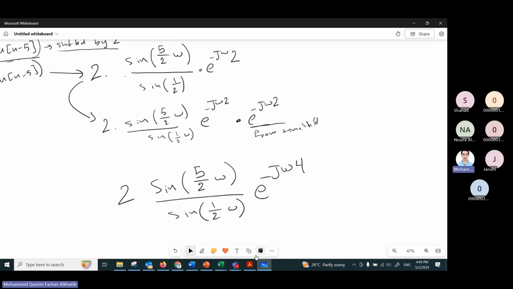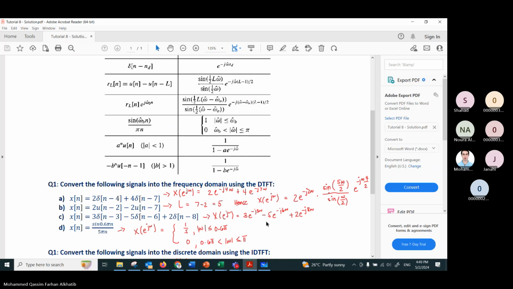That's the final answer. Let's confirm. e to the power minus j2 omega, and I have j omega 4 over 2, which is 2 omega. We can combine them, and I will get that answer. Is it clear? Any questions?